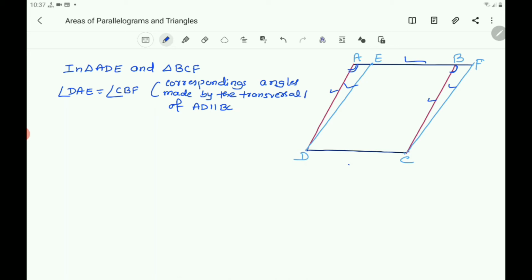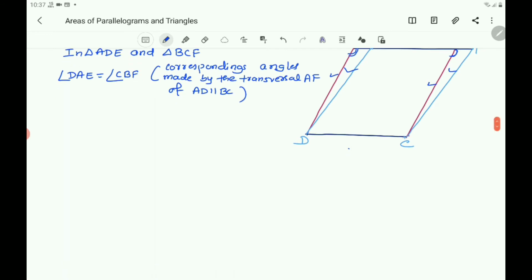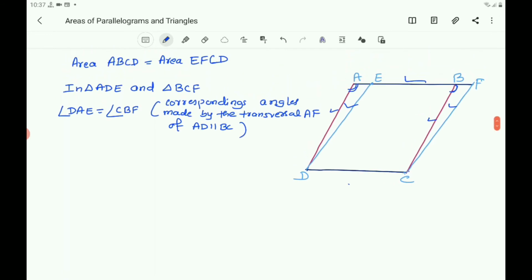Transversal AF of AD parallel to BC. Next again you take angle AED. Angle AED equals angle BFC. They are also corresponding angles made by the transversal of ED parallel to FC.